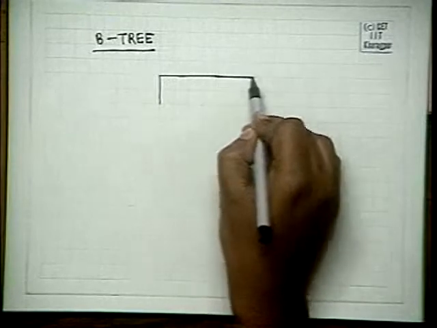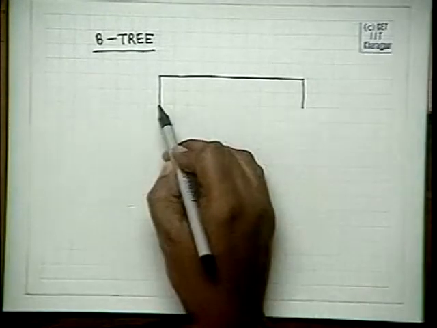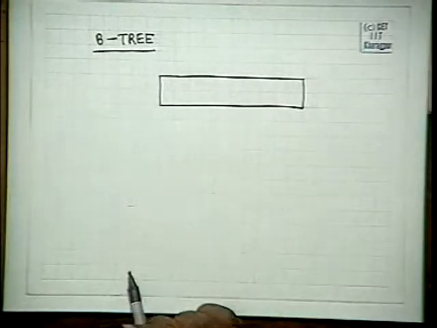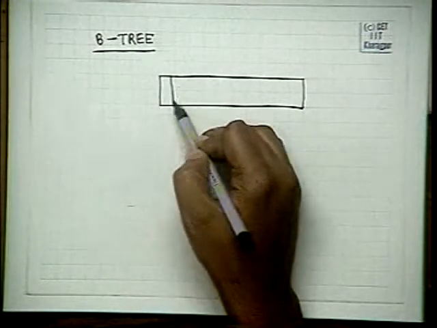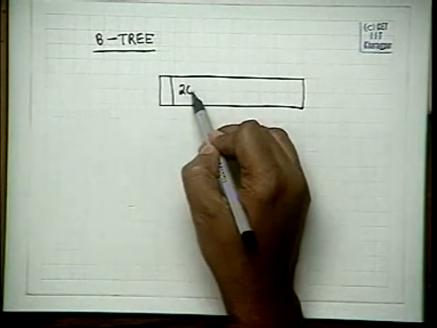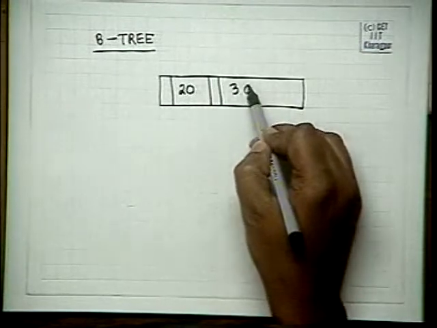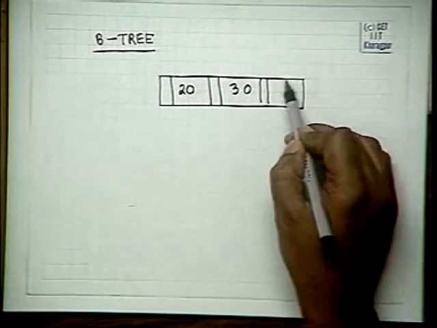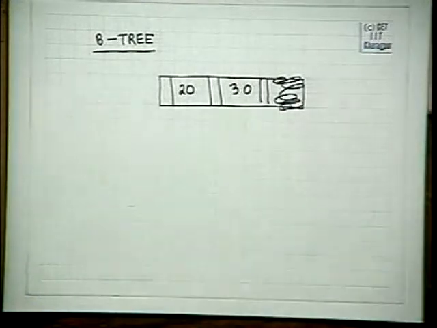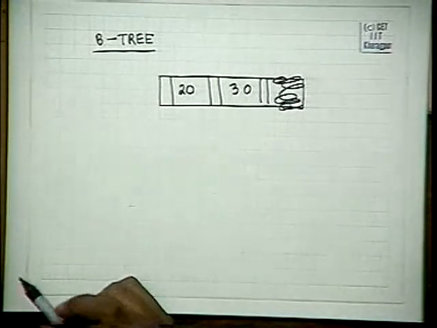A B tree, unlike a B plus tree, is like this. It tries to save space in the following way. For an internal node, say this is the internal node of a B tree.